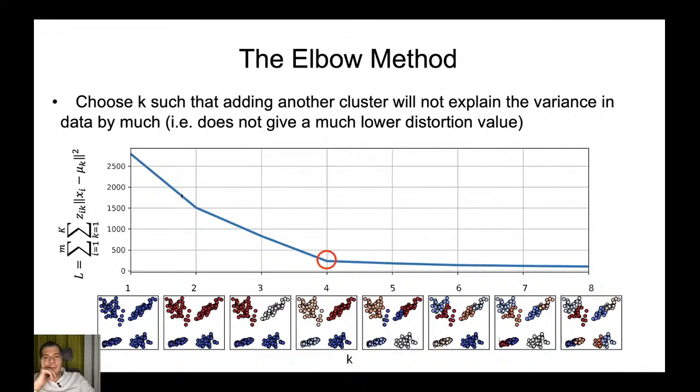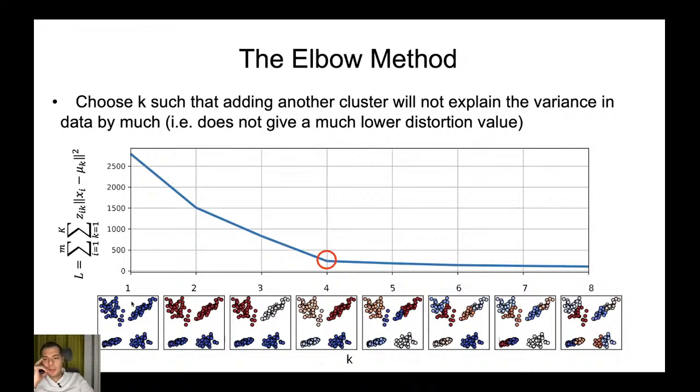This means that as we add more clusters, the distortion value will be lower and lower, and how much of the variance in the data the algorithm explains will drop. Here it will not drop significantly. So we should observe this elbow point, and this should be the optimal number of clusters.